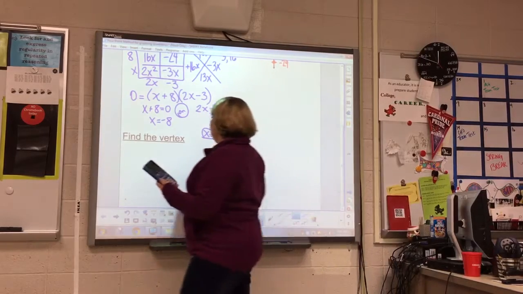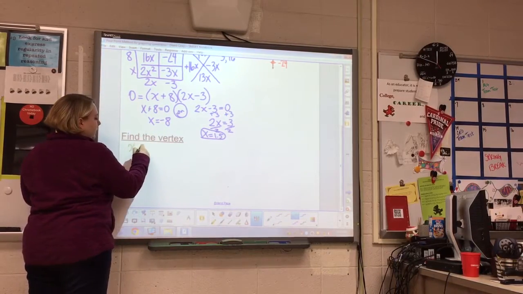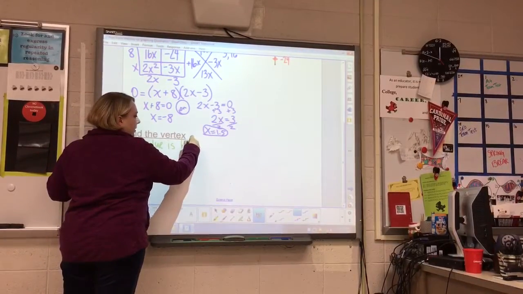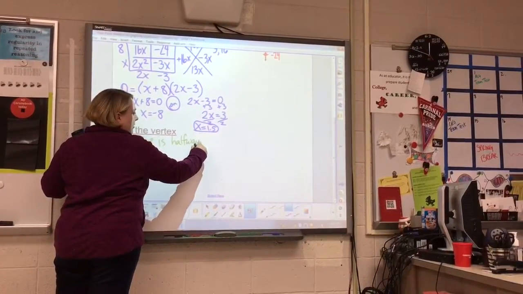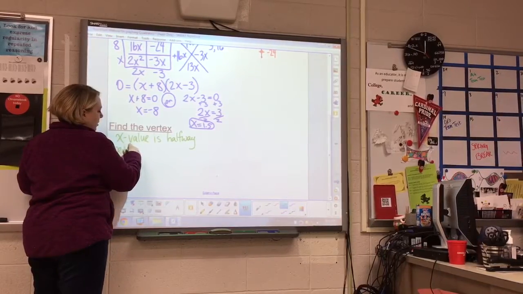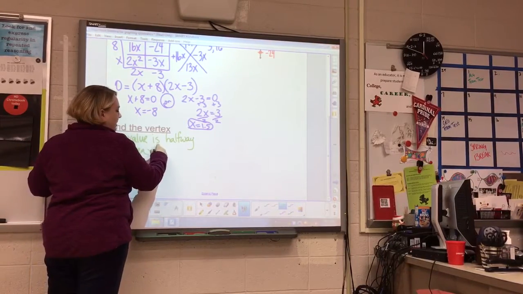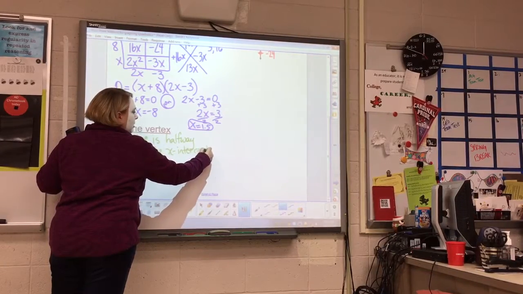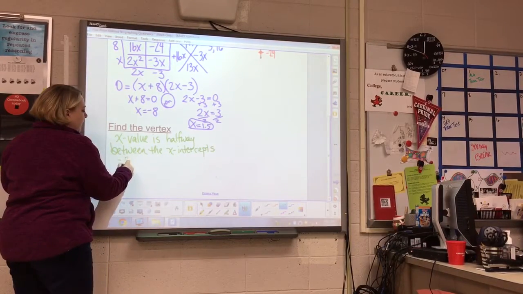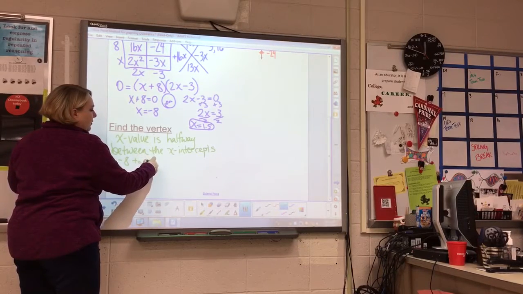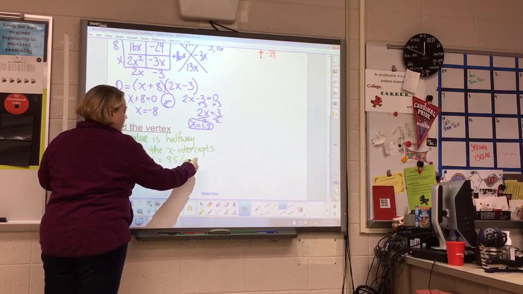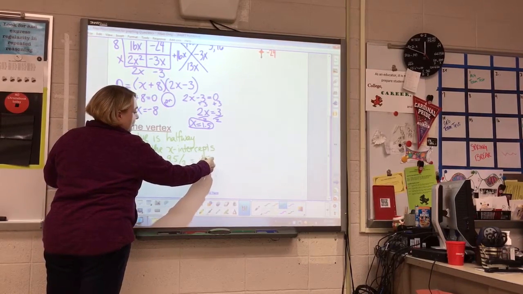Okay, so when I'm finding my vertex, the x value is halfway between the x-intercepts. So from negative 8 to 1.5, we found that that was 9.5, and then if I divide that in 2, I got 4.75.